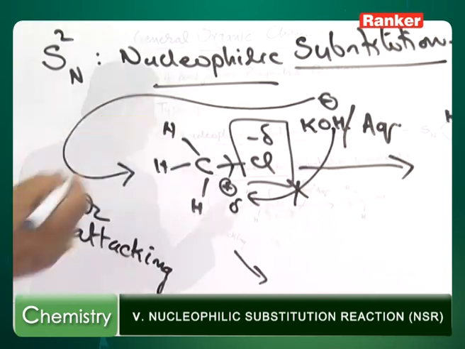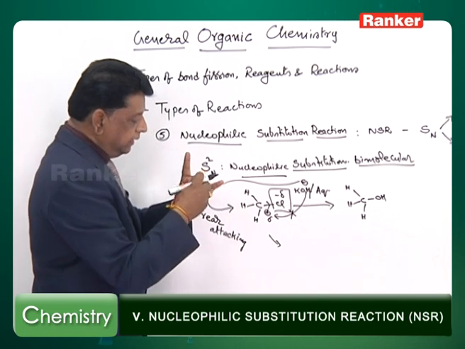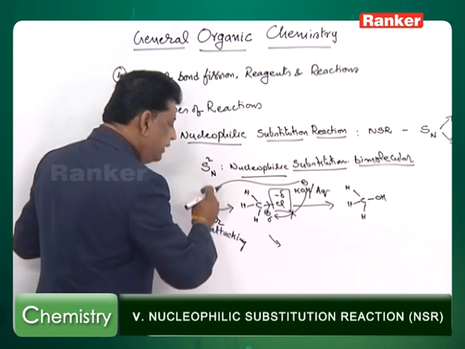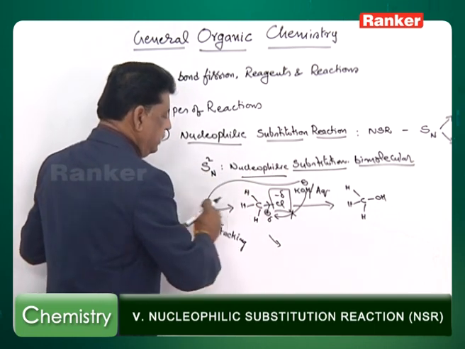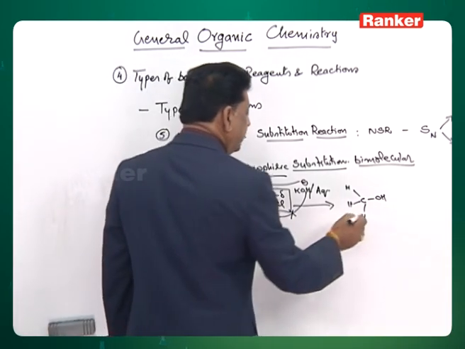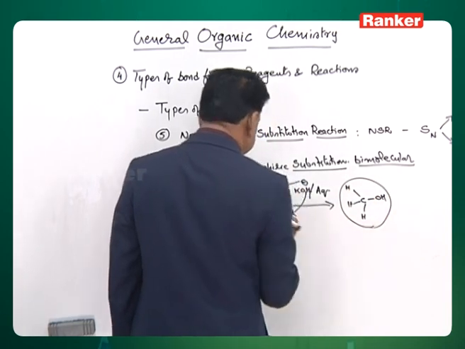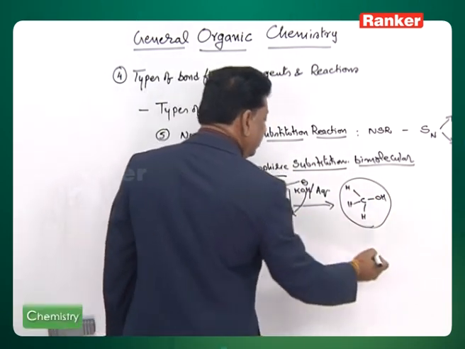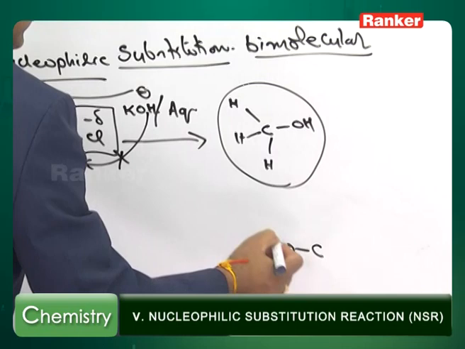This is called rear side attacking. The three hydrogens are on the sides, there is a gap, therefore OH minus can reach slowly and then make a bond. Once the bond is formed, if the OH is coming from the back, the product will be like this.